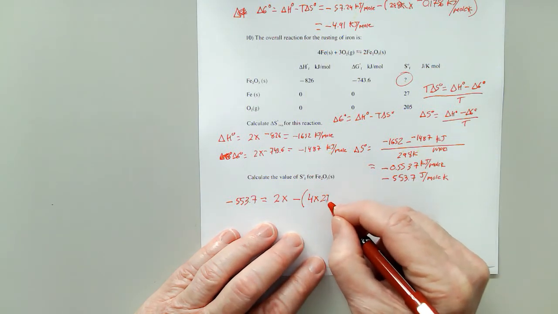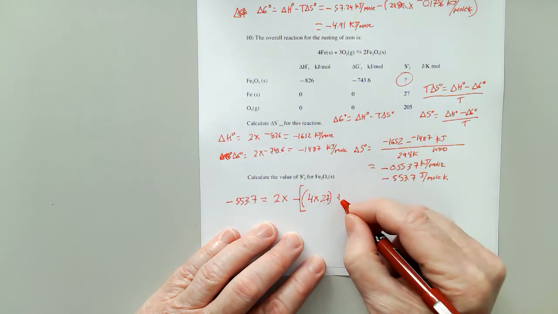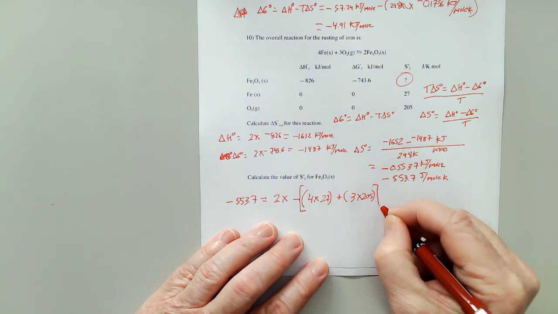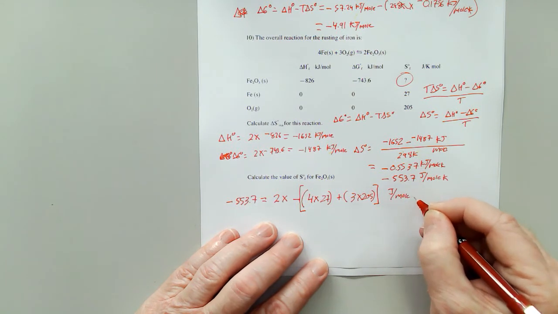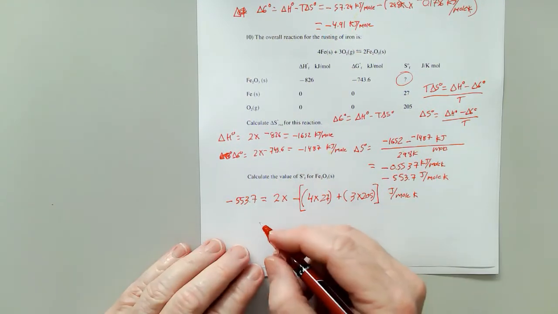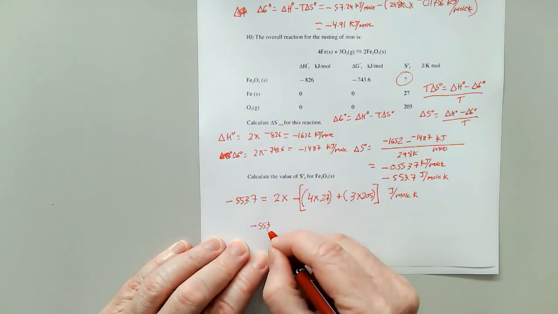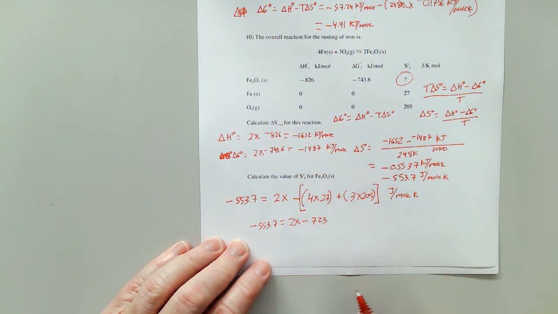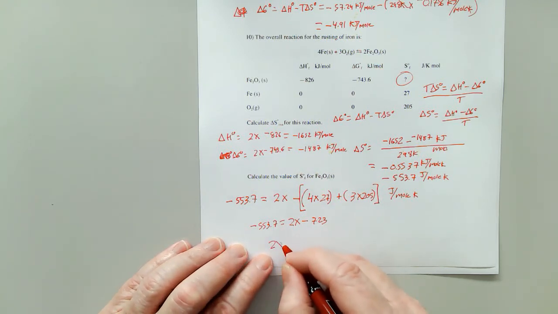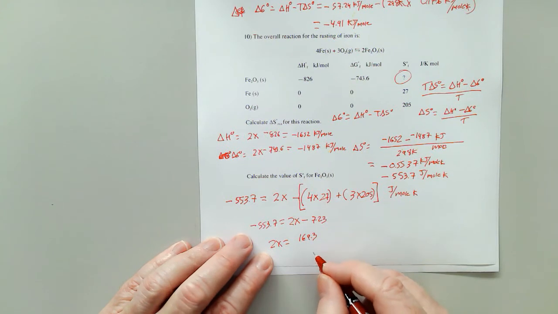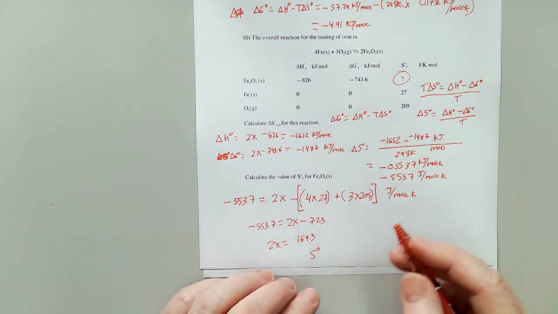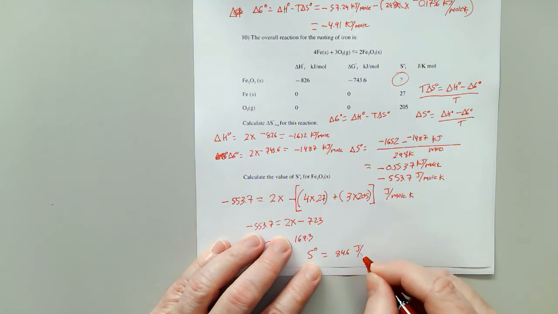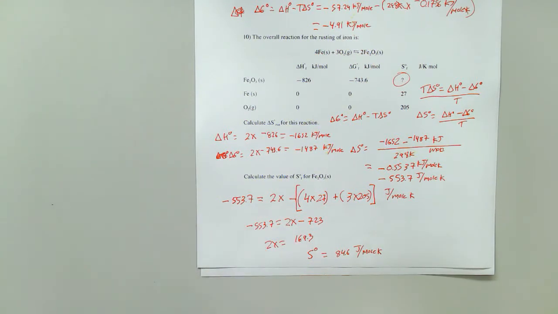I can say 4 times 27 plus, then here 3 times 205, all in joules per mole K. So negative 553.7 equals 2x minus 723 when I've run that through my calculator. 2x equals 169.3, or x, which we'll call S naught for Fe2O3, equals 84.6 joules per mole Kelvin.